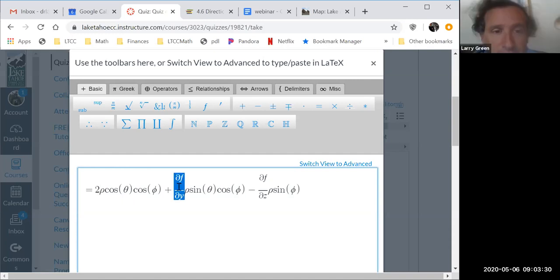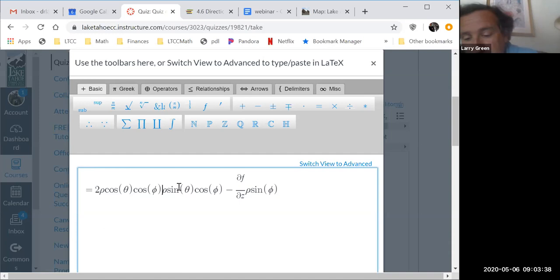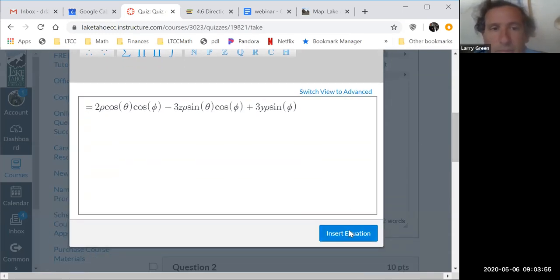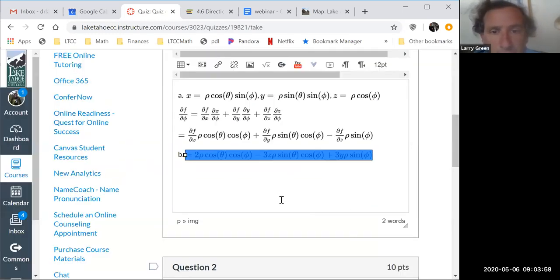Del f del y is? Yes, negative 3z. And del f del z is? Negative 3y, so that minus becomes a plus, and we get 3y. Once you have the formula, there's not much to do. You just take the derivatives. Any questions at all on this?